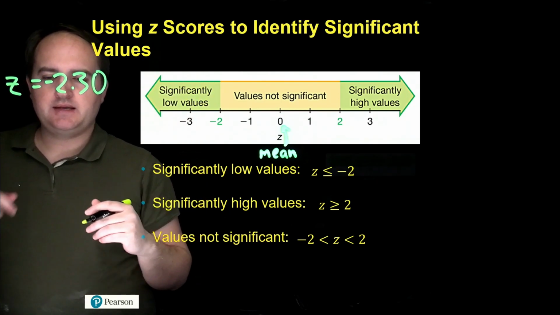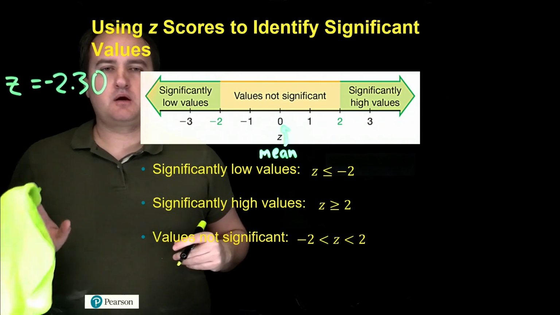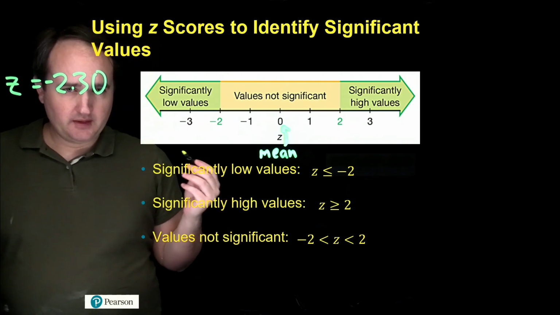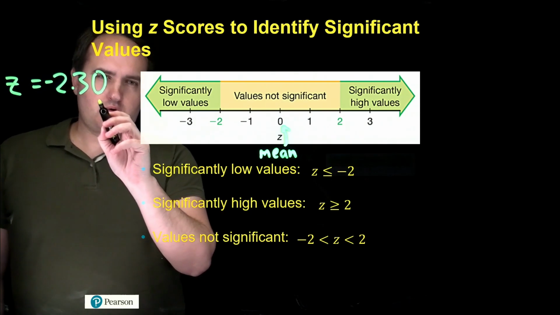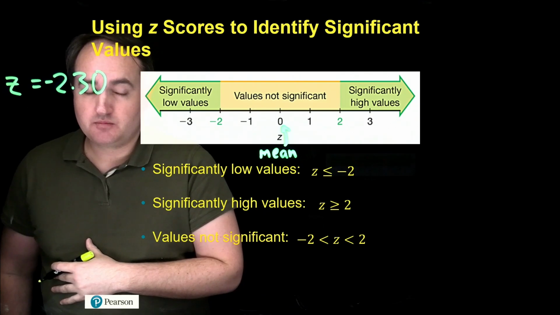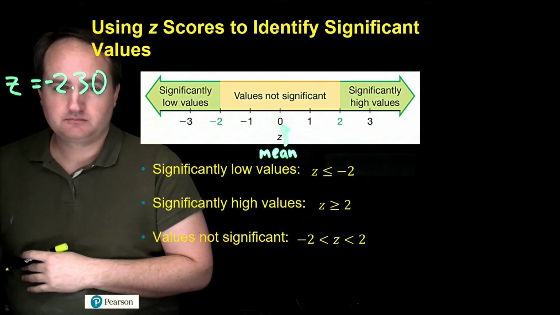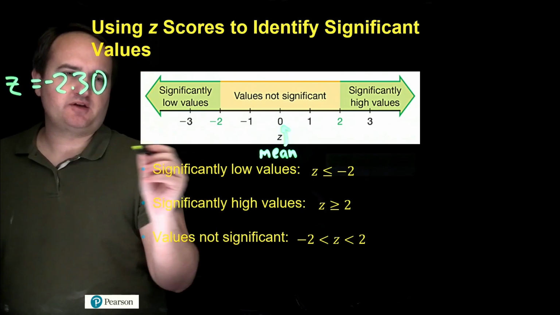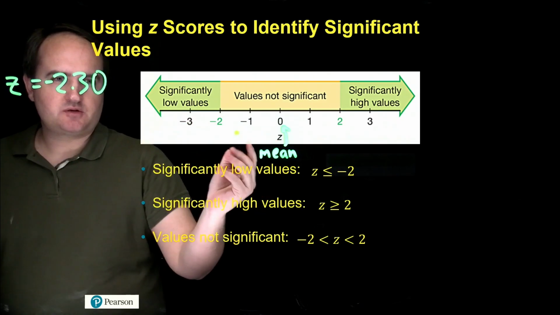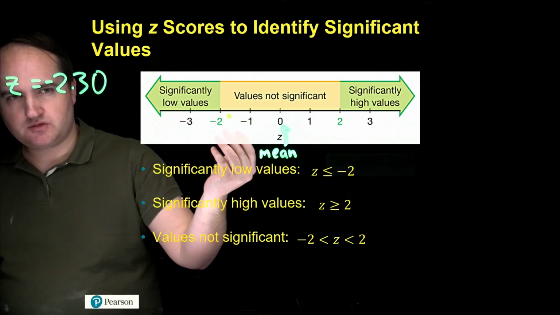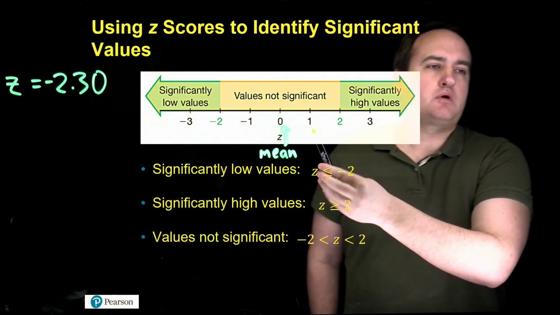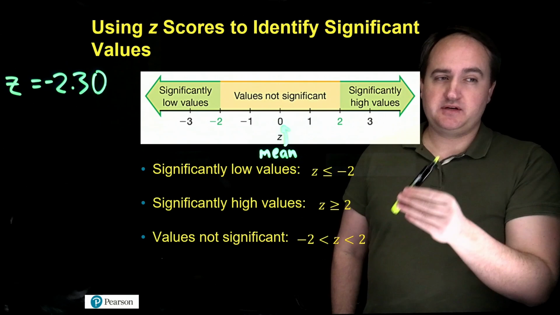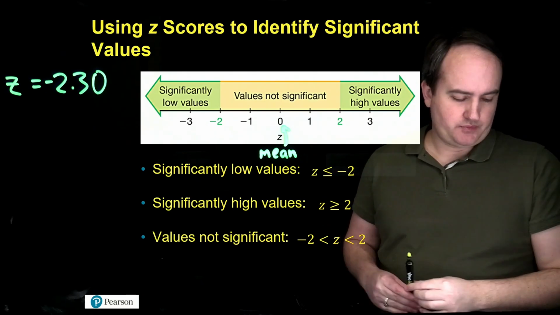That would indicate that data value x is 2.30 standard deviations below the mean. Okay, so the minus tells you if you have a negative z-score, that's how many standard deviations you are below the mean, and a plus, a positive z-score, would tell you how many standard deviations you are above the mean.